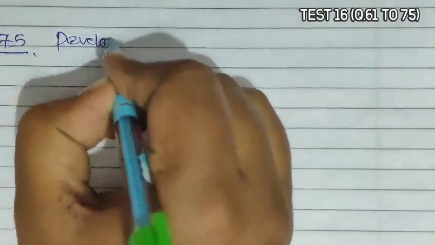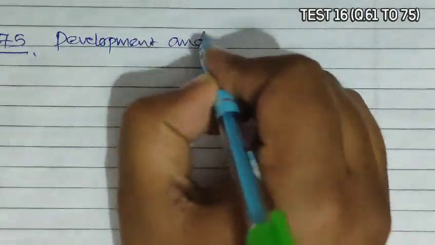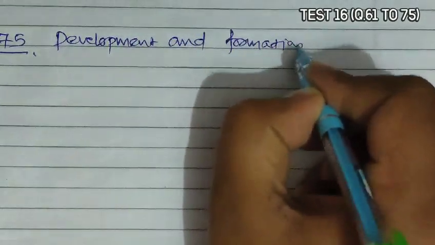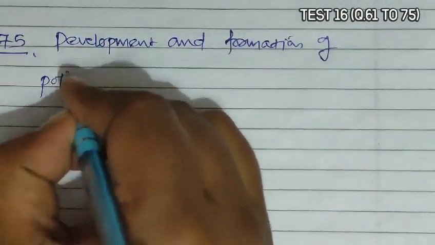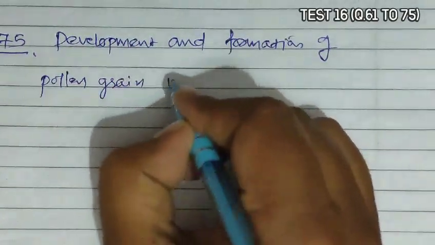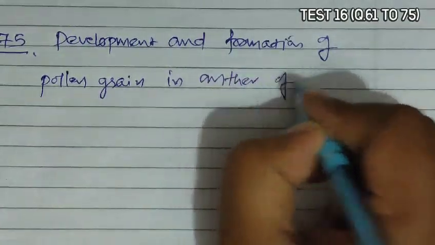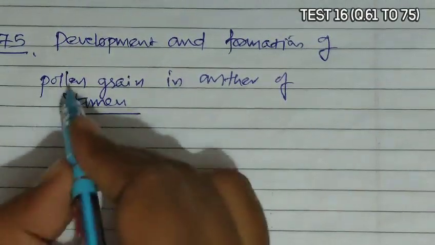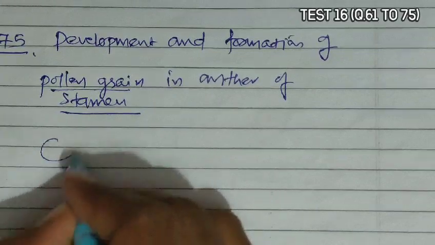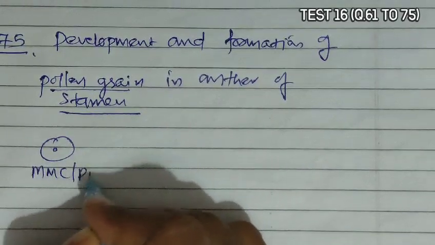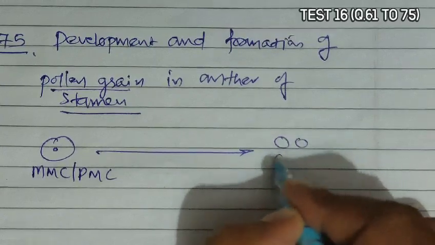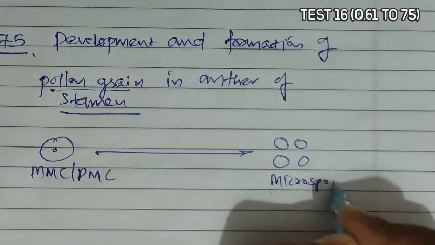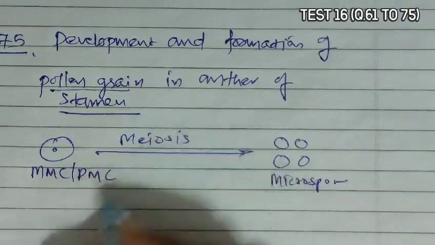Question 75 asks about development and formation of pollen grain in anther of stamen. It means formation of microspore from the microspore mother cell or pollen mother cell by meiosis.